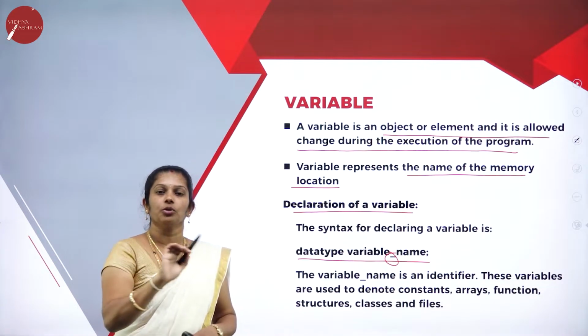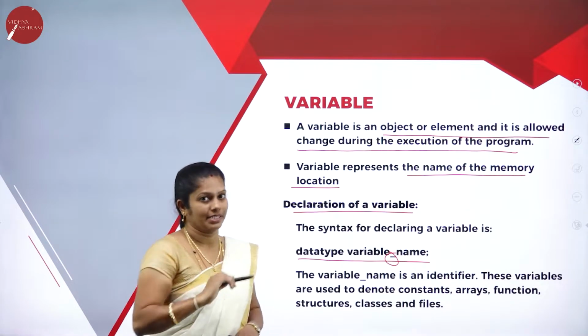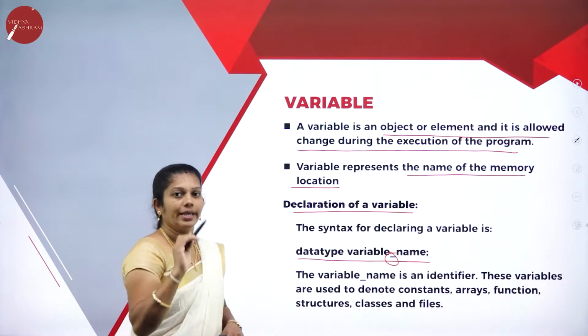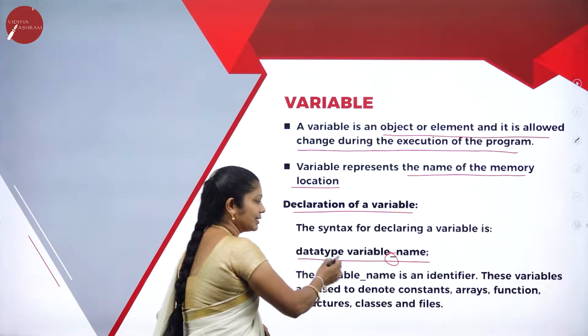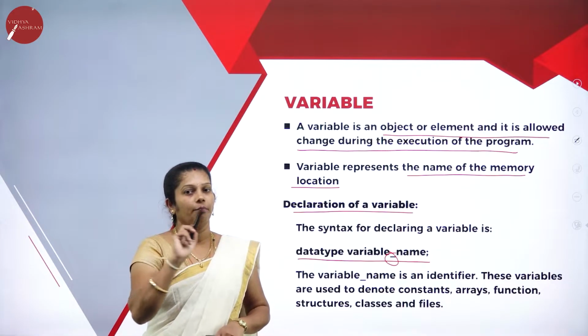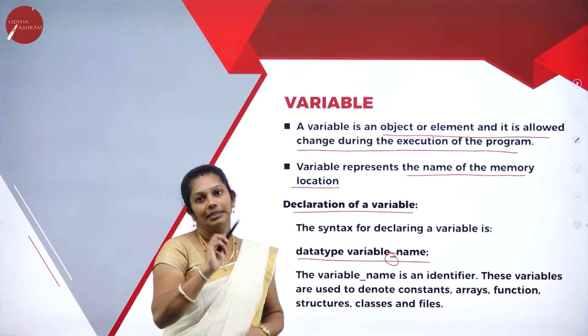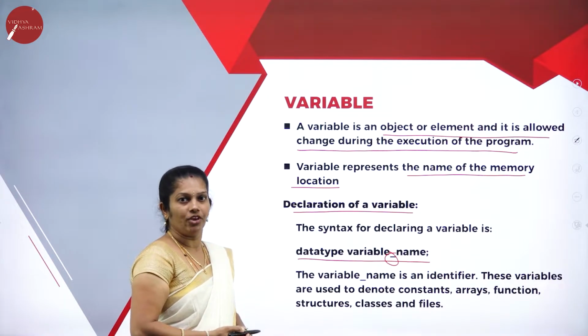Except underscore, you are not supposed to use any other special symbols. You can use characters, digits or underscore. The first character must be an alphabet or underscore, and it's not supposed to start with a digit.